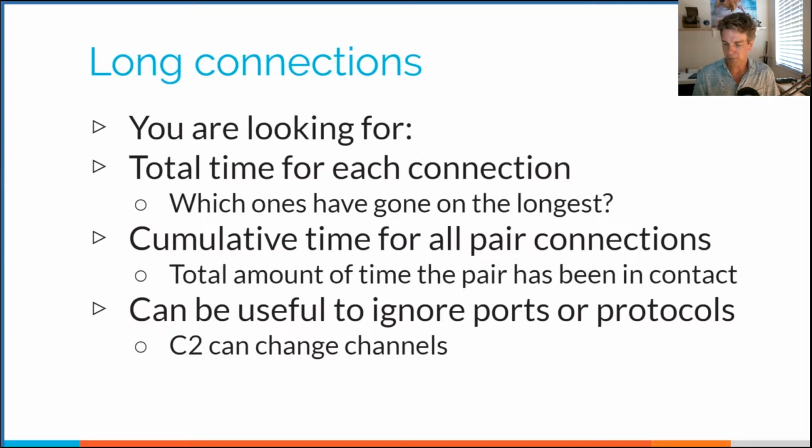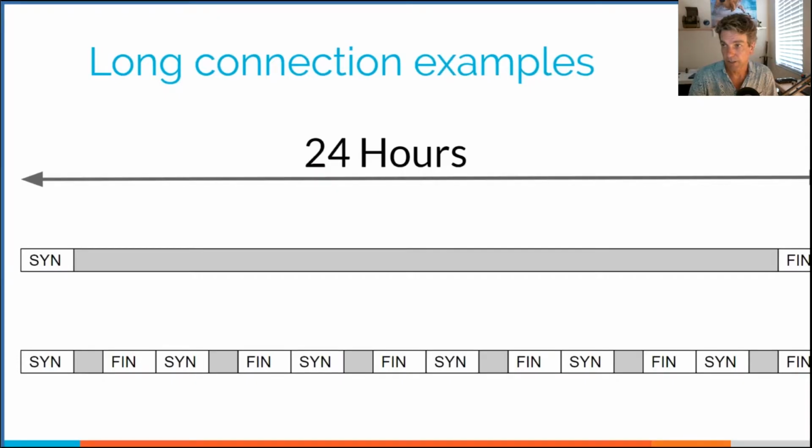It's also possible to jump protocols, meaning it starts off using TCP, might then later change to UDP. So when I look at my IP communication pairs, I might keep track of what ports and what transports are being used, but I don't try and get caught up in that. Look for overall communications that are taking place between the two IPs.